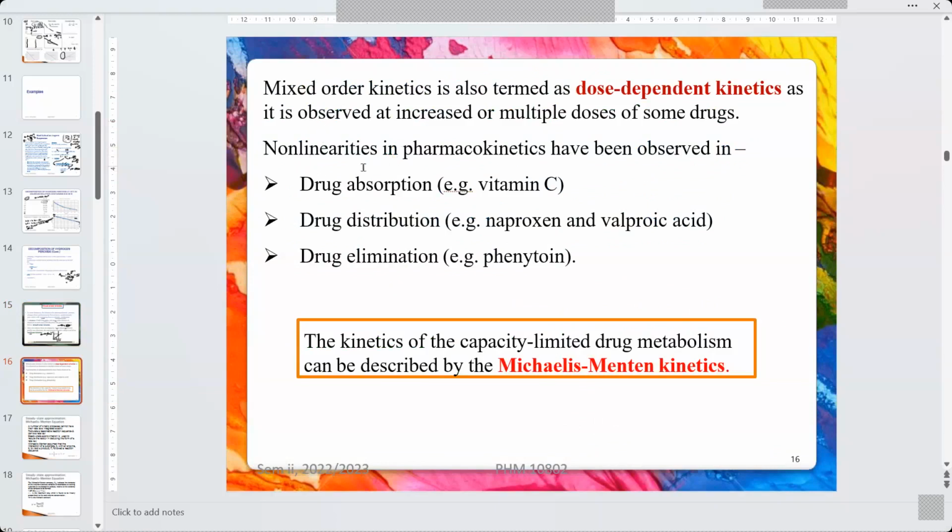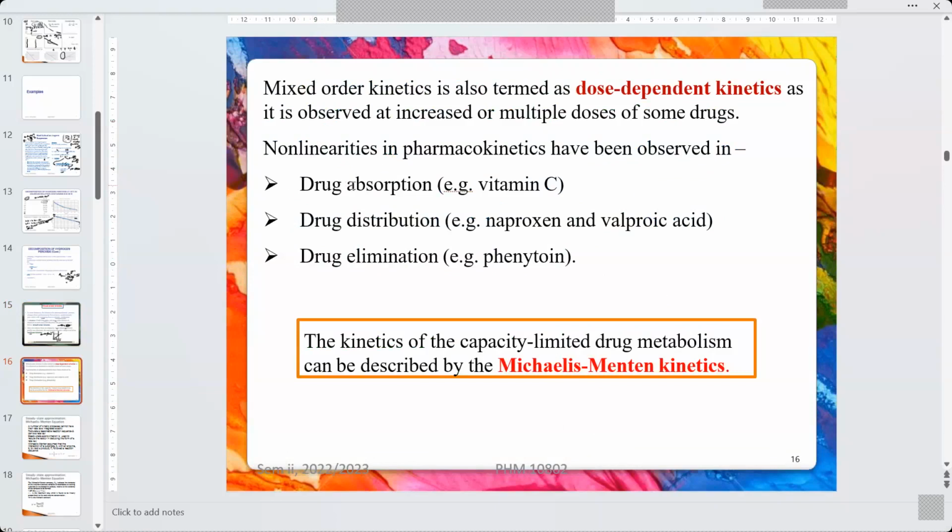It happens sometimes in drug absorption, in drug distribution, and in drug elimination. Drug absorption, because of capacity-limited absorption, means the drug will follow first order absorption, maybe with more drug in the stomach the absorption is faster, but maybe there is a maximum limit of absorption.